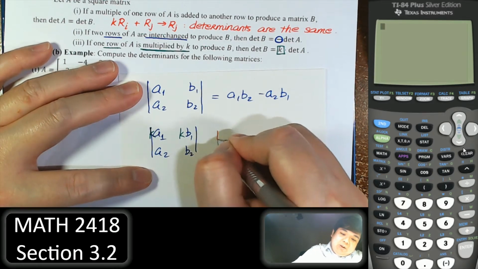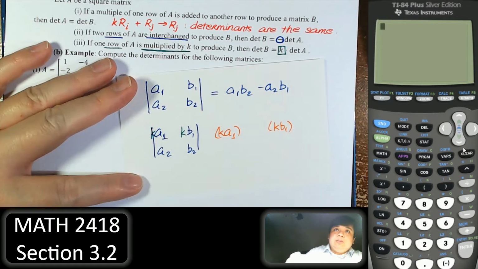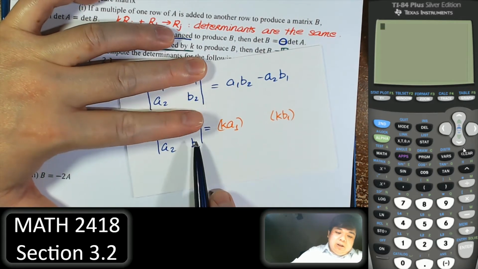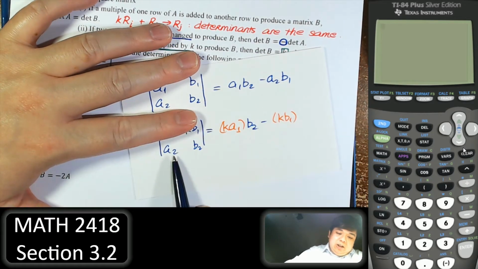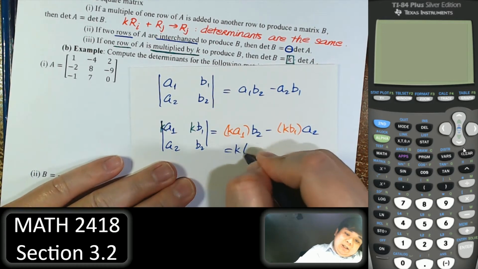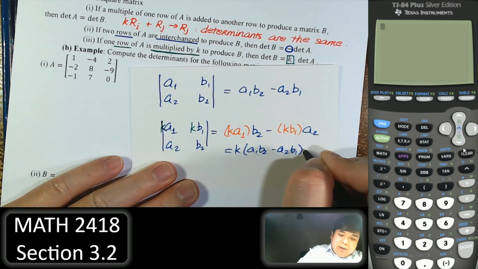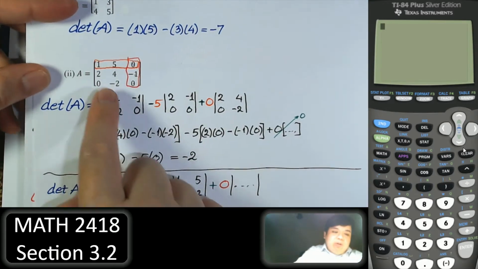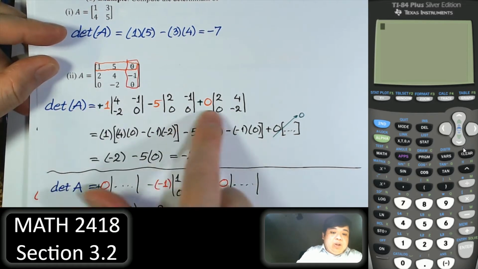So we have KA1 and then KB1, and then cofactor expansion, of course, and then factor out the K. Imagine that if we use a cofactor expansion, for example, like this one, if we expand everything on the first row, we're just going to have the determinant.